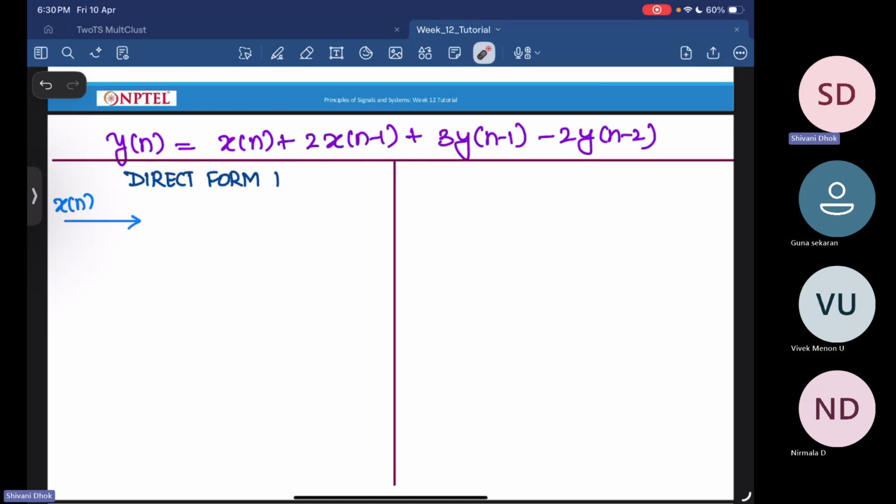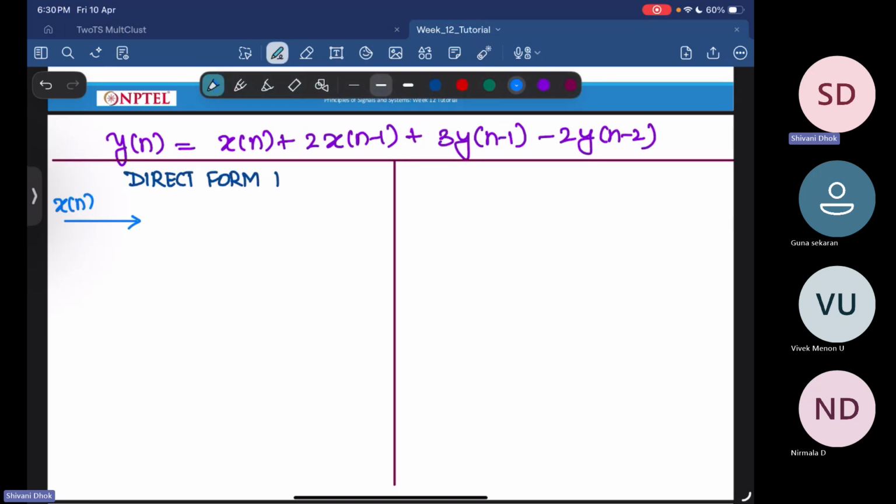Then with respect to x of n, you have one more term, that is 2 into x of n minus 1. How do we get x of n minus 1? With the help of a delay block. So you add a delay block, that is z inverse, and here you get x of n minus 1. Now this x of n minus 1 has to be scaled by a factor of 2.